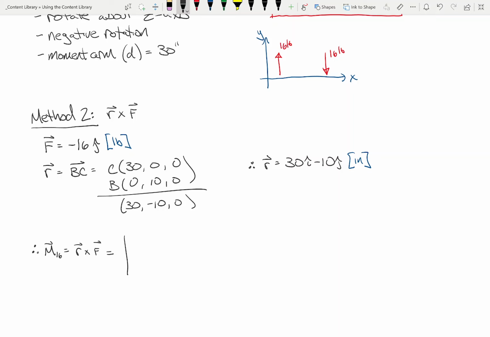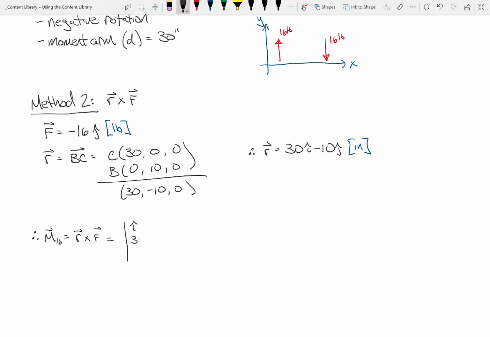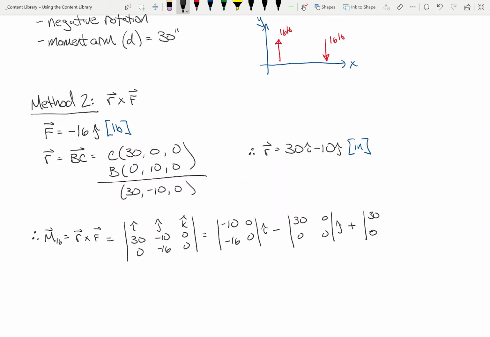So what we could do is we could say, and by the way, if the cross product scares you because it seems like a lot of math, there's tons of zeros, and you'll see what I mean. We can do it this way.